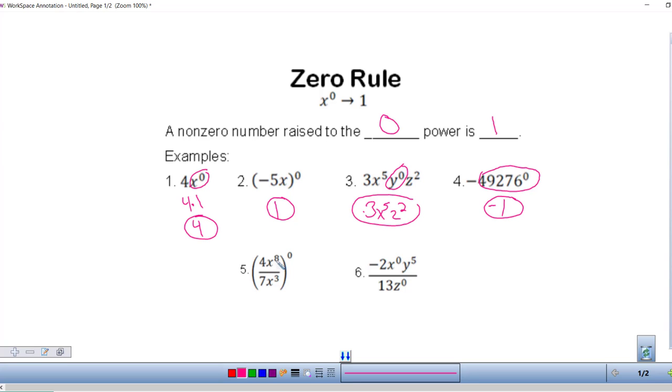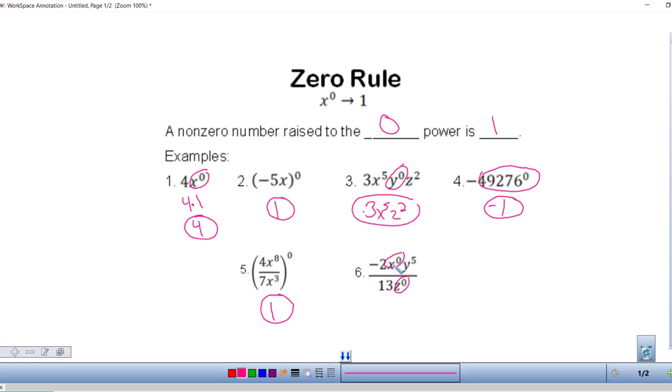Number 5, I see this big fraction with stuff going on inside, but it doesn't matter. I see a 0 exponent over here. The whole thing simplifies to just 1. And number 6, a little more complicated. I see an x to the 0 power and a z to the 0 power.